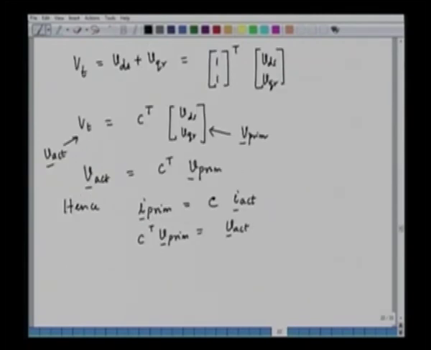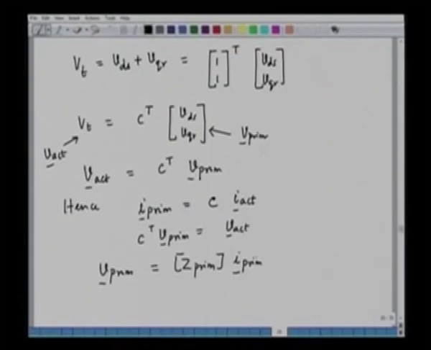So this is what we have here, and we know that V primitive is equal to Z primitive into I primitive. So this is basically the voltage equation, and Z primitive is the impedance matrix of the primitive machine, that is the Kron primitive machine, and I is the primitive current of the primitive machine. Now I can pre-multiply this equation by C transpose.